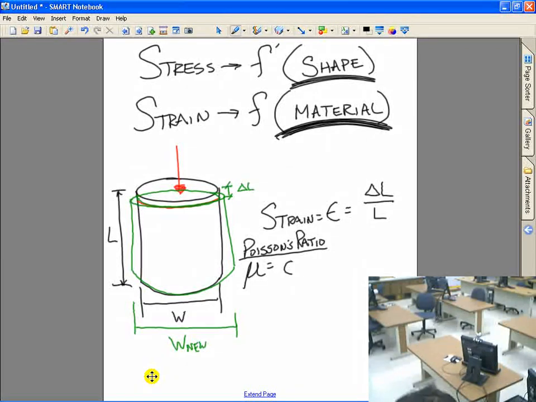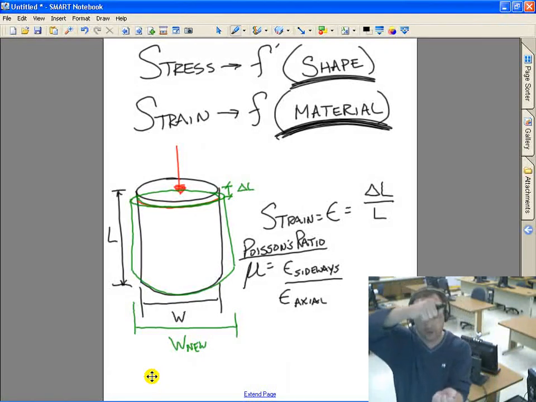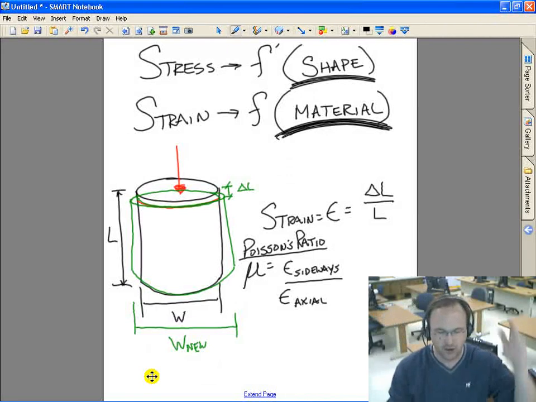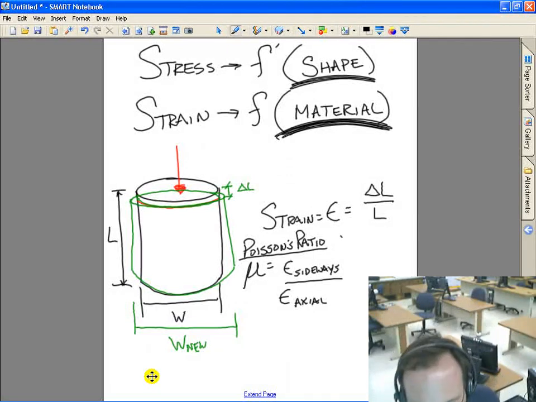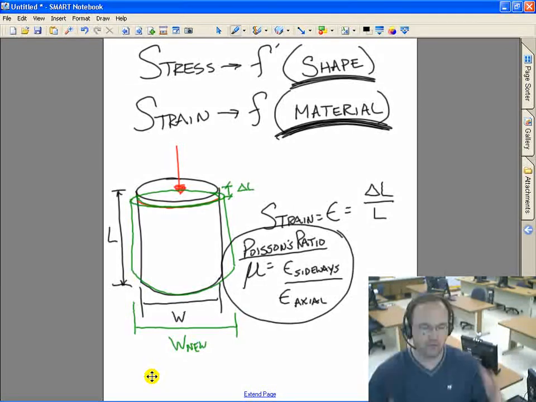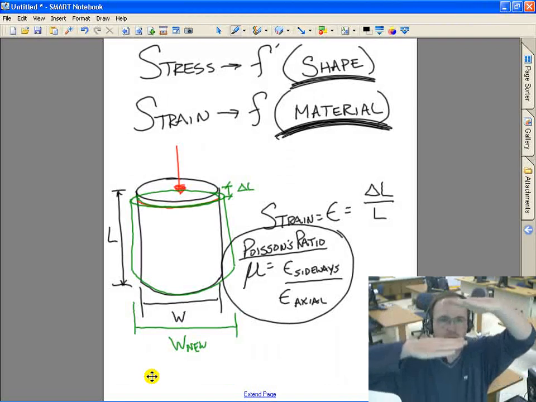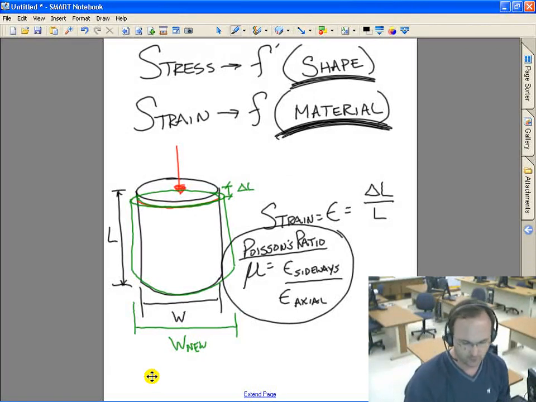U is the strain sideways versus the strain axially. So the strain axially, the amount it compresses, versus the sideways strain, there's a relationship called the Poisson's ratio. It relates how far this thing bulges out to how far it compresses down, the Poisson's ratio.